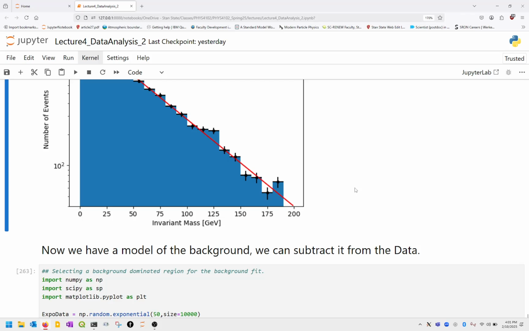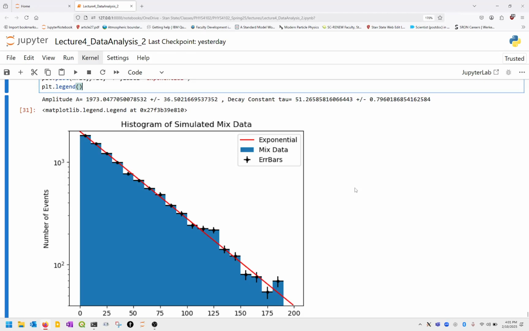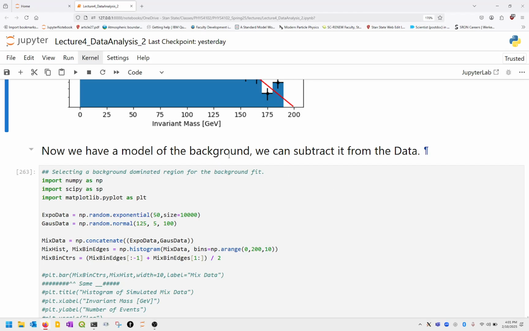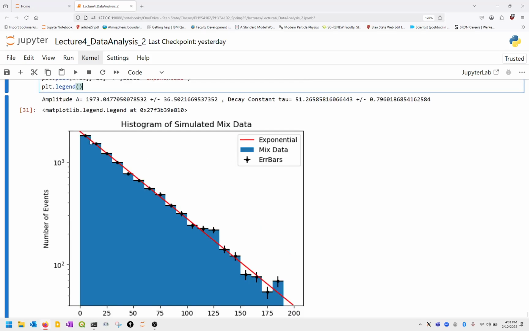Last thing I'm going to show you is how to subtract this background, okay? Because making this plot, how do I know what shape this is? How do I know how real this is? So instead of just calculating the signal to noise ratio, what you can do is actually subtract out this background, because this red line is what you predict the background to be, right?